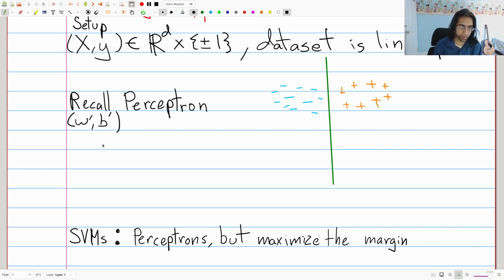We'll use these primes for reasons that'll be clear in a minute. So this is our solution. Remember that our hyperplane is defined by these two parameters. And essentially, the distance from a point to the hyperplane. So let me write this: dist from xi to hyperplane.